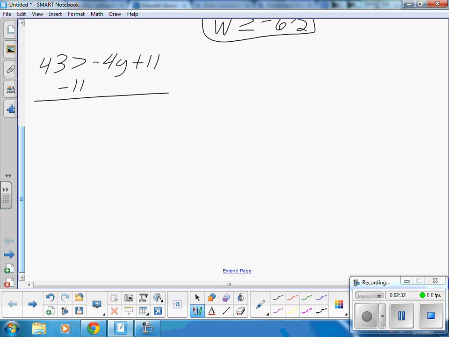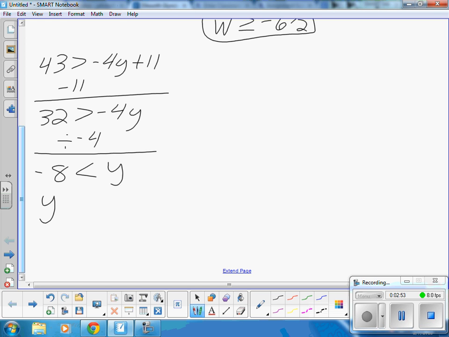So I get 32 is greater than negative 4y. Divide both sides by a negative 4. When I divide by a negative 4, my inequality reverses. And I'm going to rewrite that so y is first. So y is greater than negative 8.